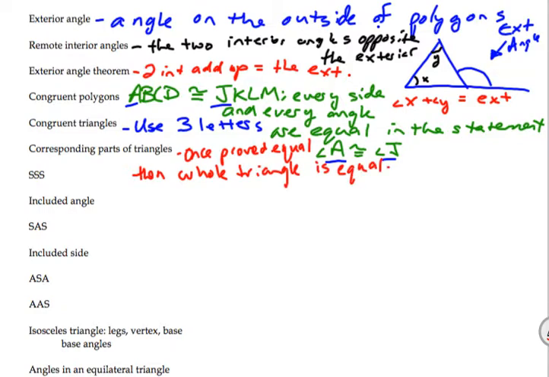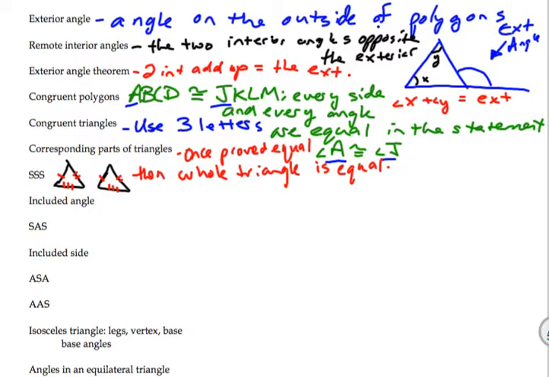So that means once you find out that it's side, side, side, then all the angles are equal. Side, side, side would probably be like this, and this, and they just are going to go 1, 2, 3, 1, 2, 3. That tells us side, side, side.